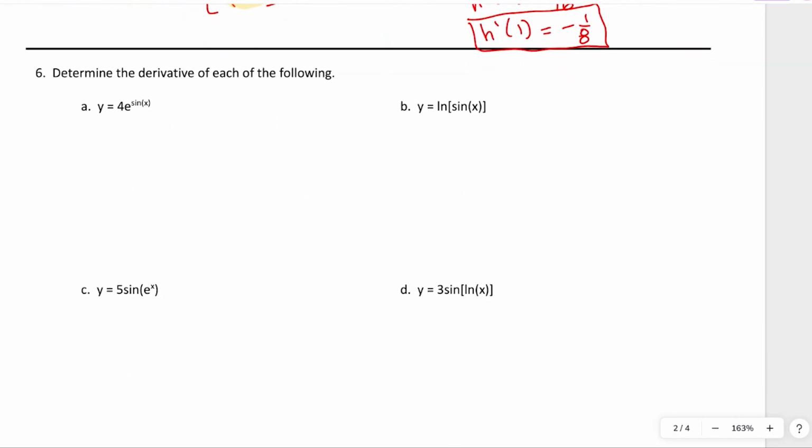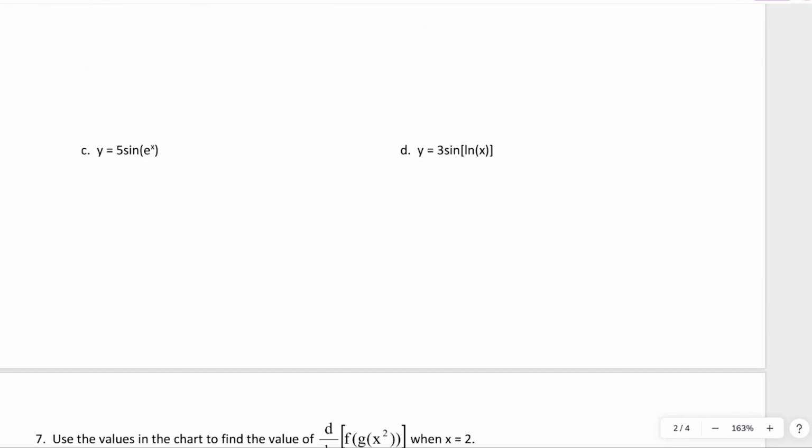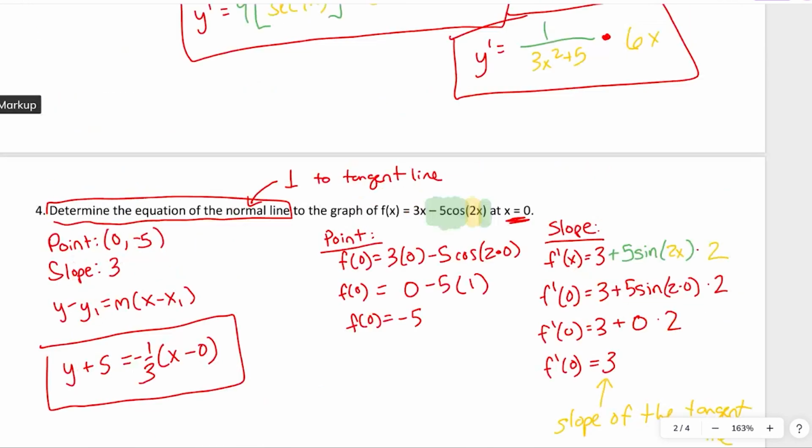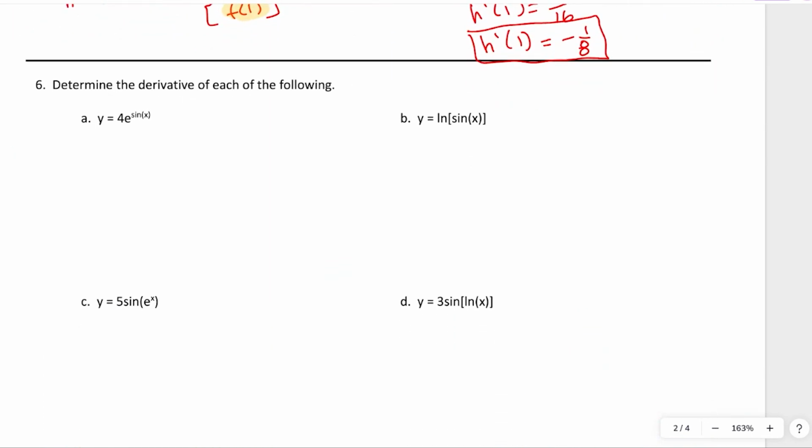Number 6, I've got a bunch more derivatives here. So I'm just using chain rule, product rule, quotient rule, whatever we got to do to get these derivatives. So here the outside function, I think I did green, right? Yep. Outside function is 4 times e to the x, and my inside function is sine x.